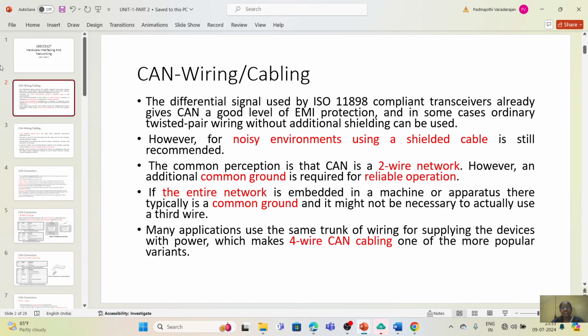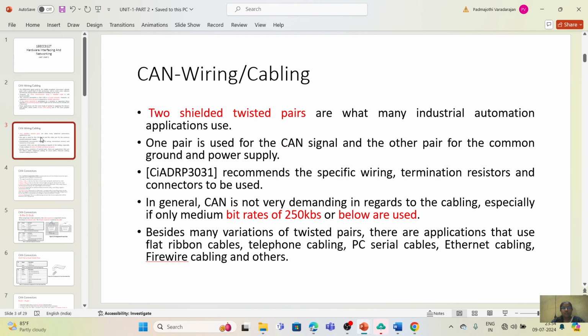If the entire network is embedded in a machine, there is typically a common ground, and it might not be necessary to actually use a third wire. These are two shielded twisted pairs that you will be using for CAN. The bit rate used is normally 250 kbps or below.